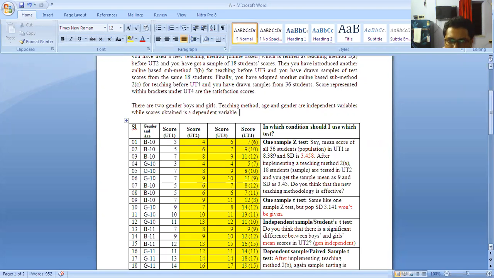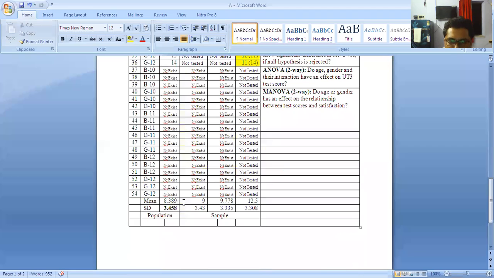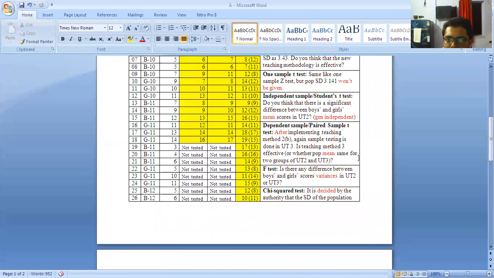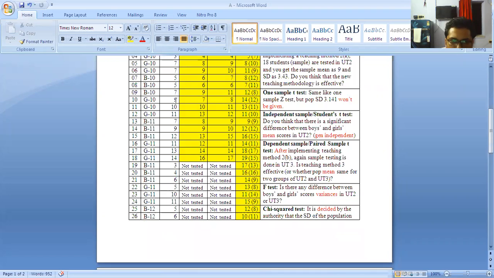Now take a look at one sample T test that I have also discussed. This is just like the one sample Z test that I have discussed just now. The same thing. You want to understand the effectiveness of teaching methodology, whether the mean is differing from the earlier mean. You are obviously talking about the population mean, but you don't know the standard deviation of your earlier population.